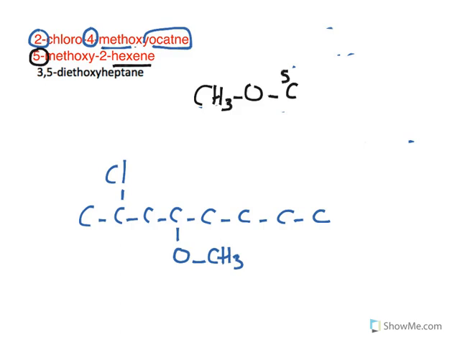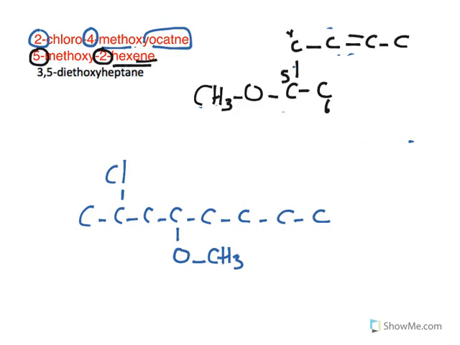So this is the 6th carbon. This is carbon number 6. This is the 4th one, the 3rd, the 2nd, and the 1st. Now note here that we have 2-ene, so it means on the 2nd carbon we have a double bond.